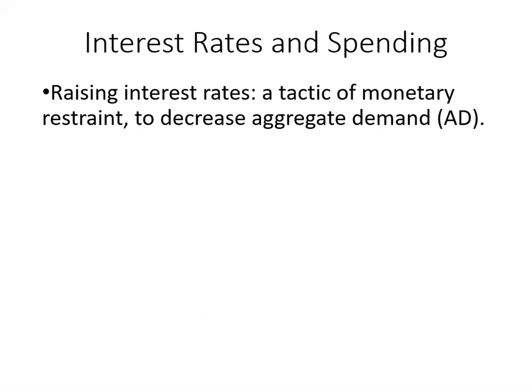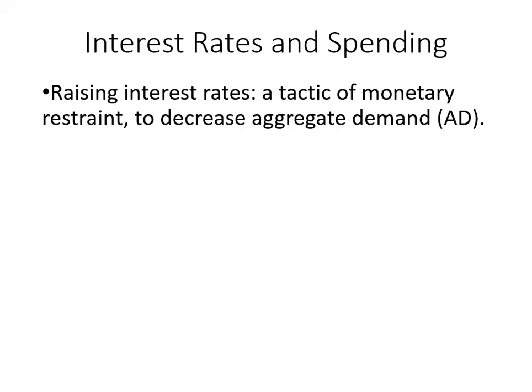How about raising the interest rate? It is a tactic of monetary restraint to decrease aggregate demand. It's the very opposite scenario, and if you understand the relationship between decreasing interest rates and increasing aggregate demand, you should understand increasing interest rates and decreasing aggregate demand.